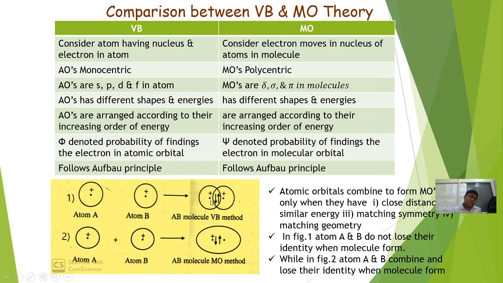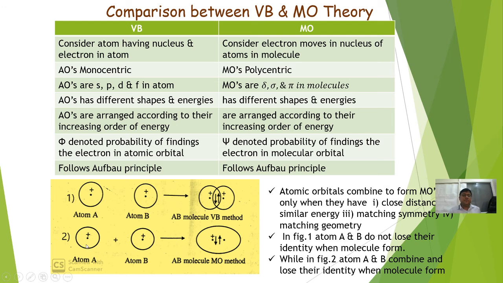We can clearly see the two atoms, each having a nucleus, at localized positions, and we can clearly distinguish the two atoms. In valence bond theory, the atoms do not lose their individual character. We can identify atom A and atom B here.